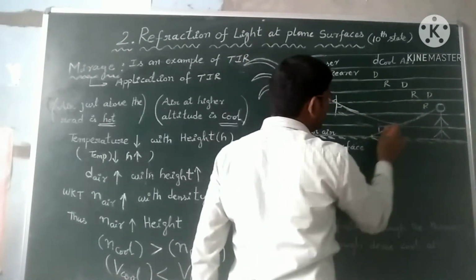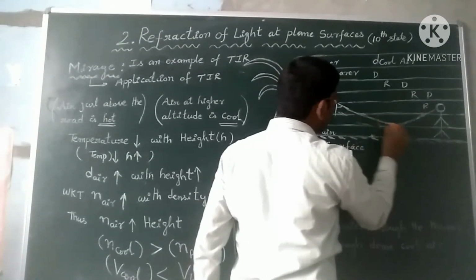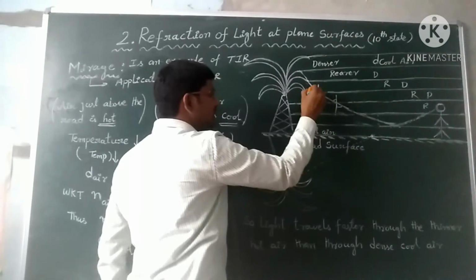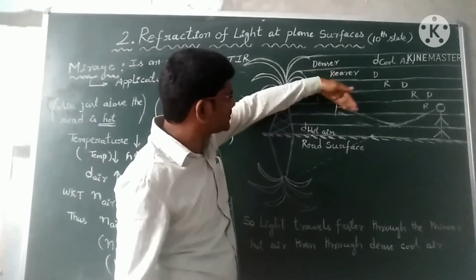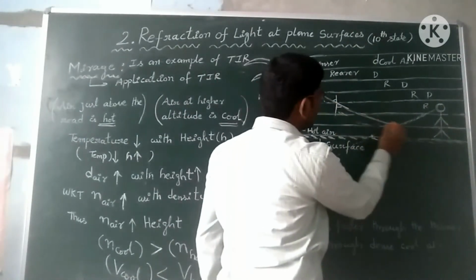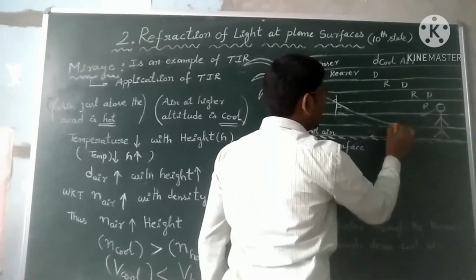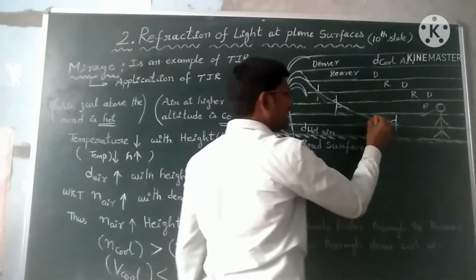So the angle of incidence keeps increasing from here to here. It goes denser to rarer, bends away from the normal, again denser to rarer, bends away from the normal. So it suffers refraction, and at a particular point this angle of incidence is greater than the critical angle.